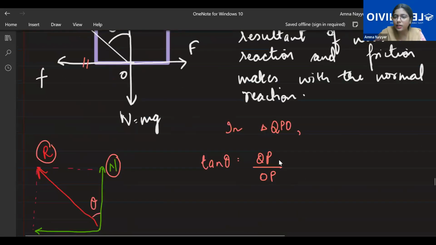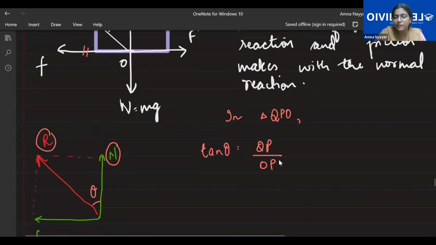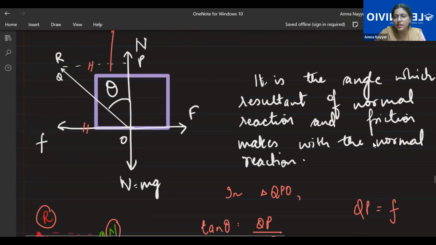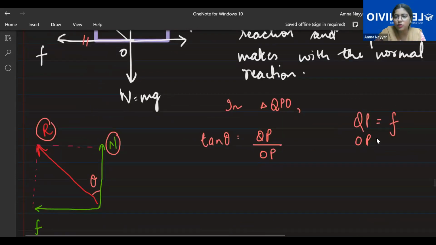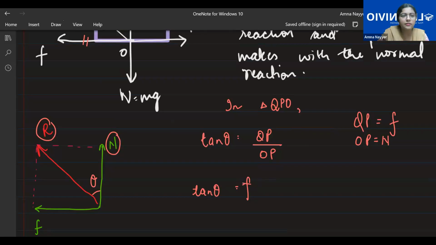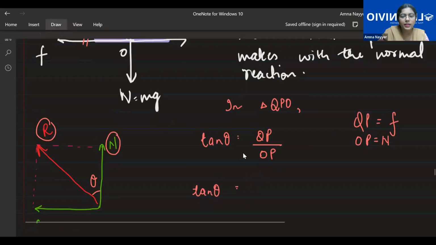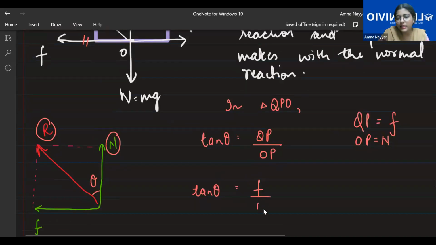So we can say the value of QP here is the frictional force. And OP is already lying on the normal reaction. So if we put in the values, we will get tan theta is equal to the frictional force divided by the normal reaction.